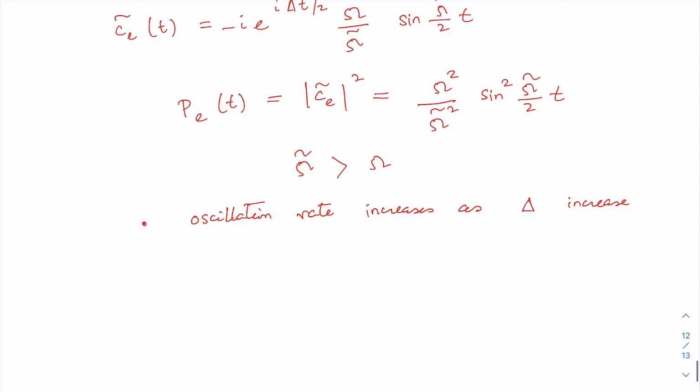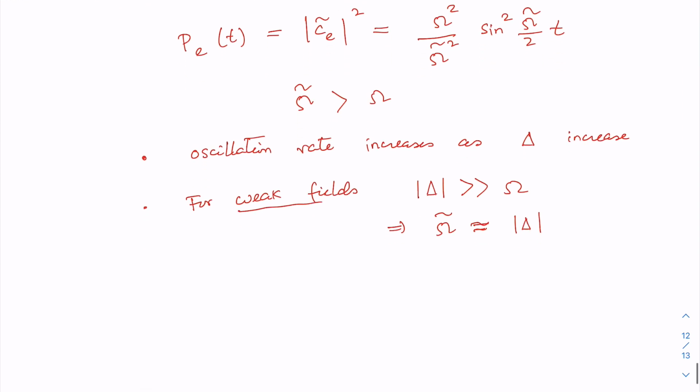And for weak fields the Rabi frequency, not the generalized one, is much smaller than the magnitude of the detuning, which implies that the generalized frequency Ω̃ is nearly equal to the magnitude of the detuning. This is for the weak fields.